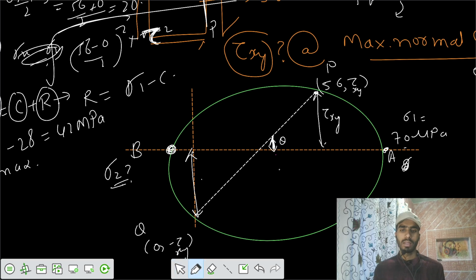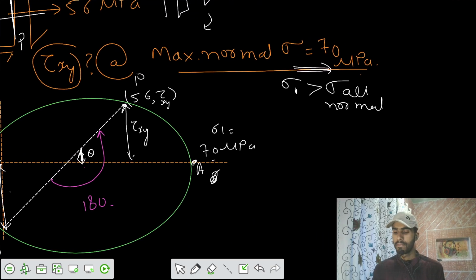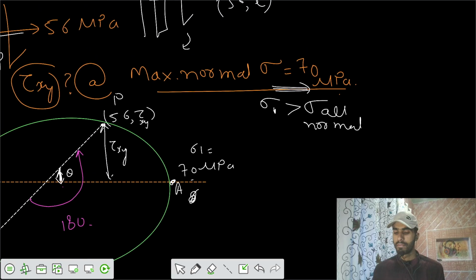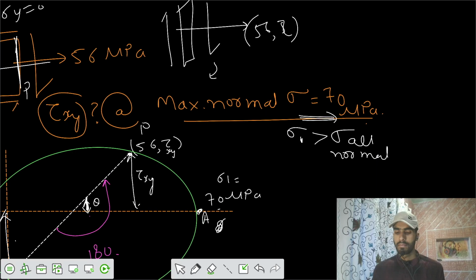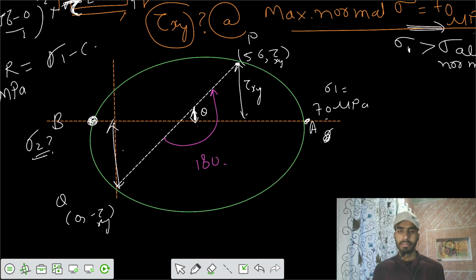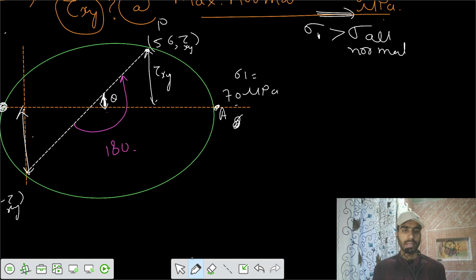We know this is 180. Let's take this element theta.